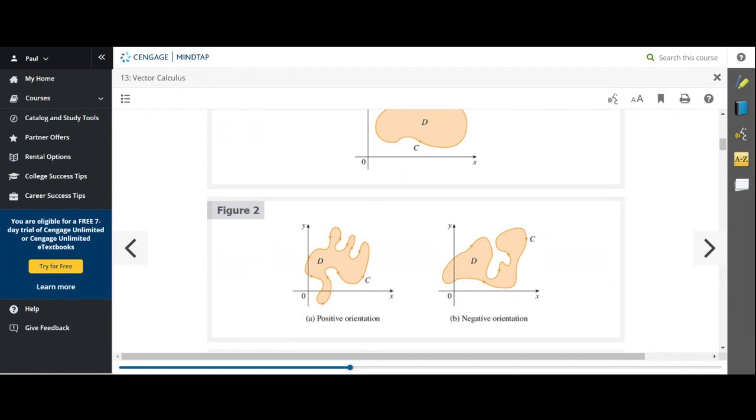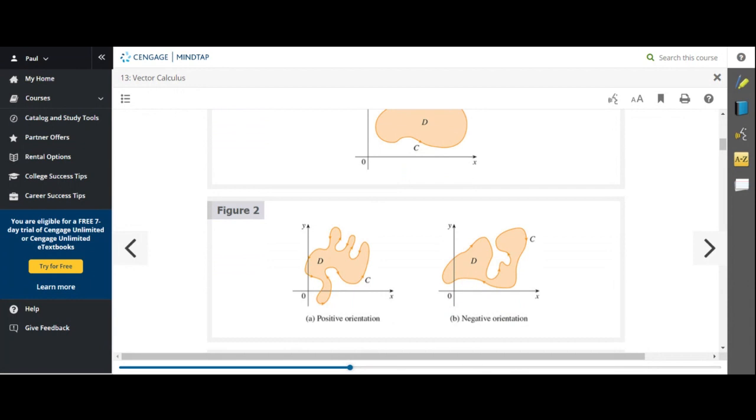So figure 2, you have a closed curve C. You see how in figure 2, A and B, you have two figures, and both have a closed curve C that surrounds a region D. Well, the closed curve C in part A has what's called positive orientation.